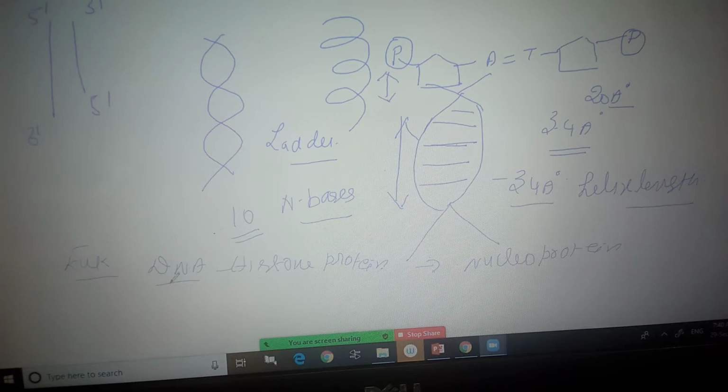DNA is negatively charged and histone proteins are positively charged. The bond between the DNA and histone protein, by a bivalent ion like magnesium, is said to be salt linkage.